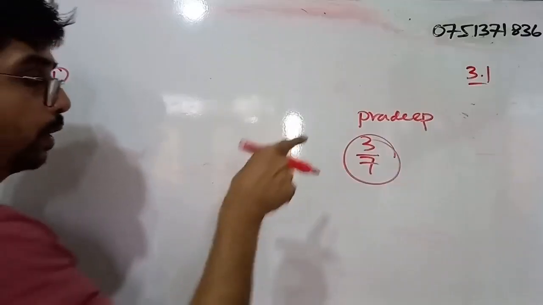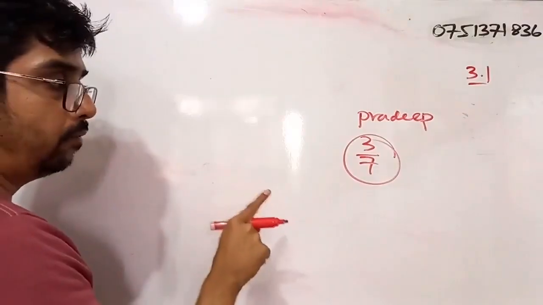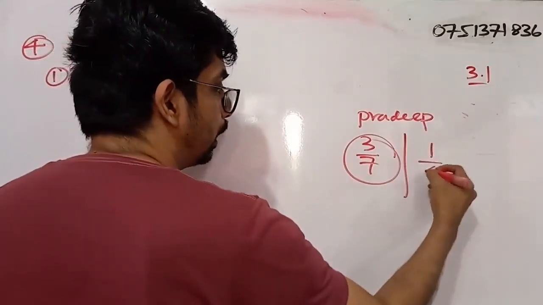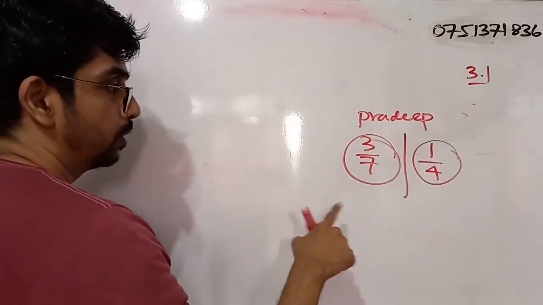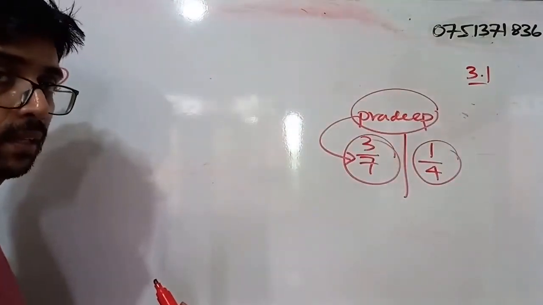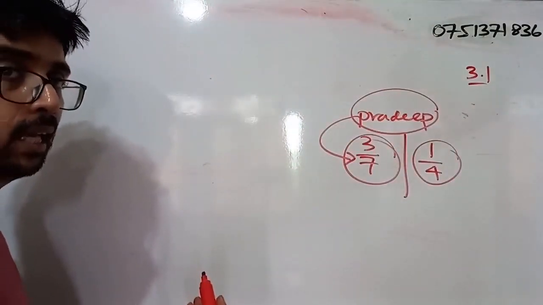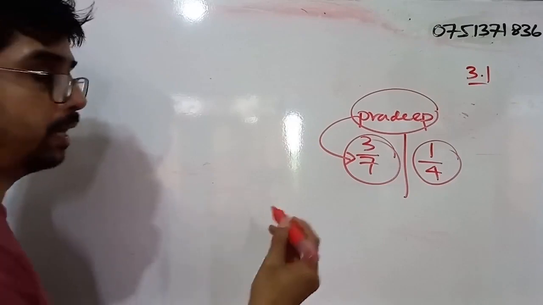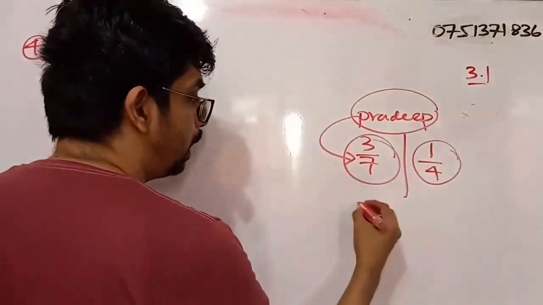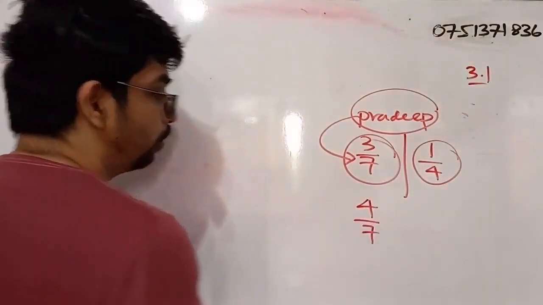Then what did he do? He bought another quarter. Just imagine, Pradeep owned 3/7 of the land. Then what will be the remaining amount of the land? The lands are next to each other, so the remaining amount will be 4 by 7.